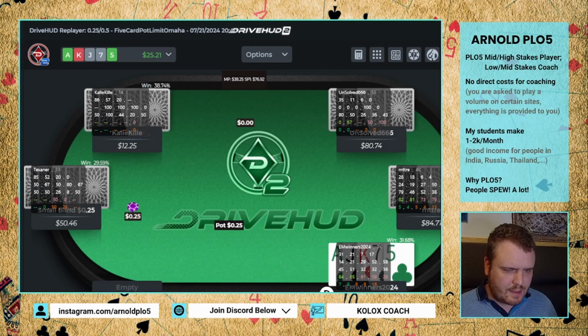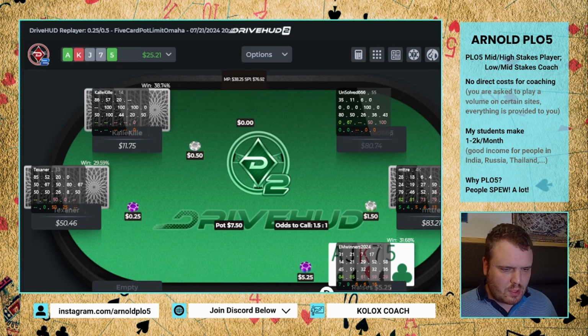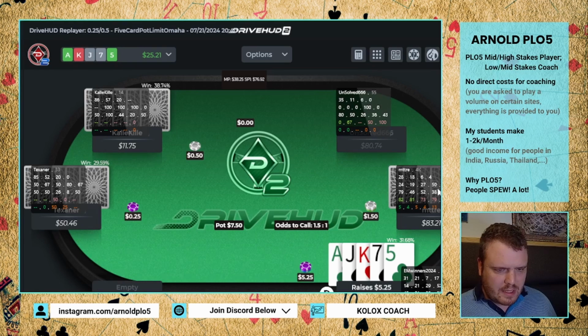Next hand. This one was interesting because a 3-bet. Is it the 3-bet against someone who opens 27% of hands? Yes, I would say so.